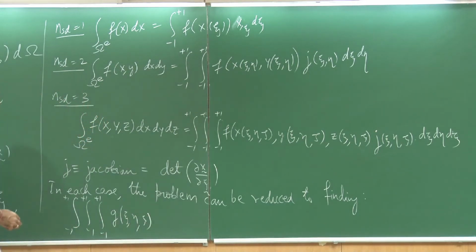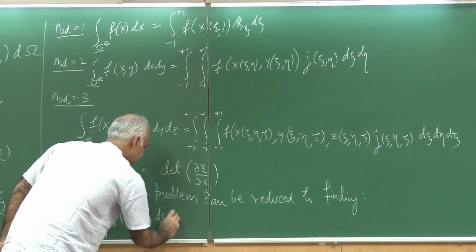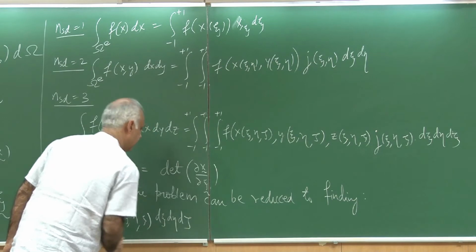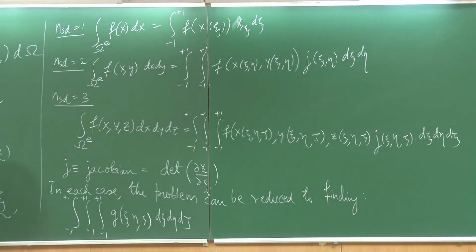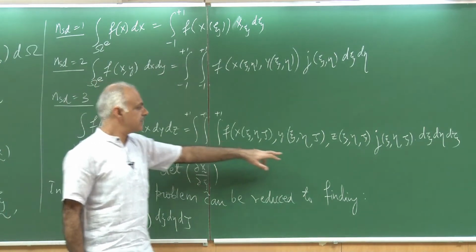I am writing this in 3 dimensions, and this would be d xi, d eta, d zeta, okay, where g includes both f as well as the Jacobian.